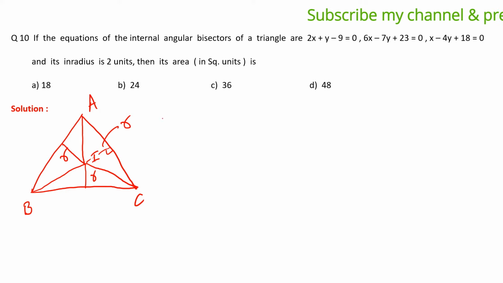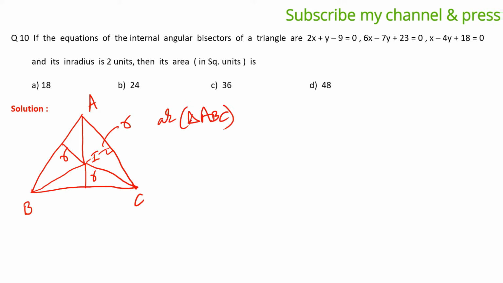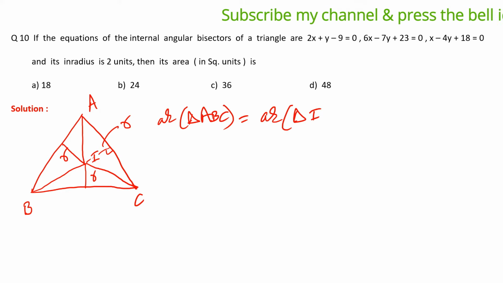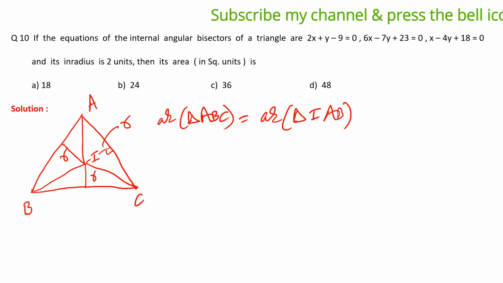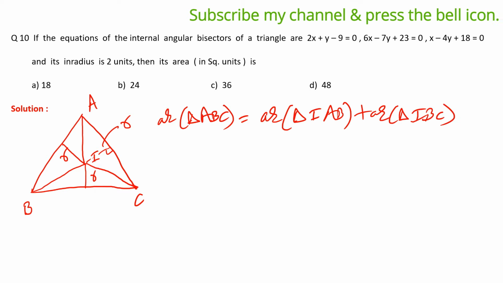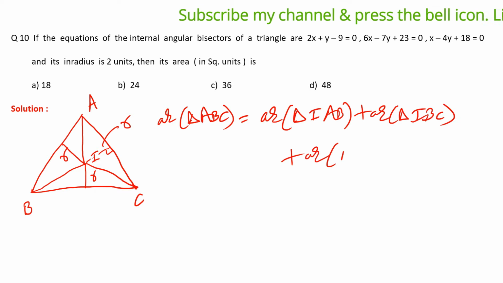Now students, I will be finding the area of triangle ABC by writing it as the sum of the areas of three small triangles that are being created inside it, and they are triangle IAB plus triangle IBC plus triangle ICA, right?